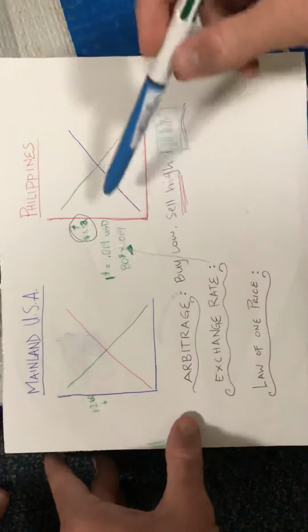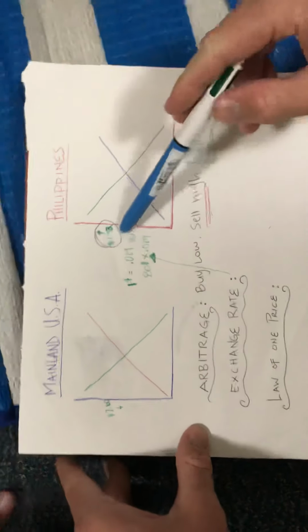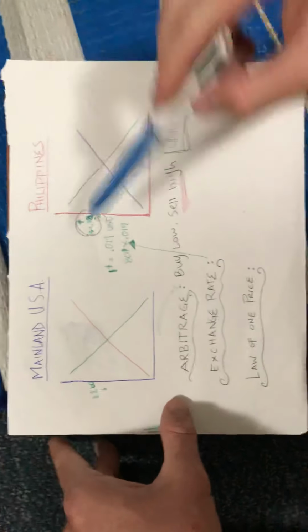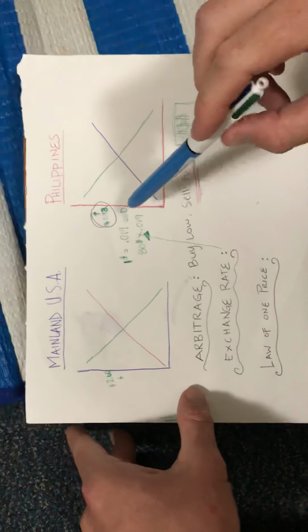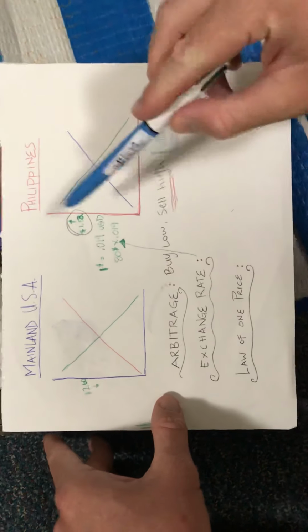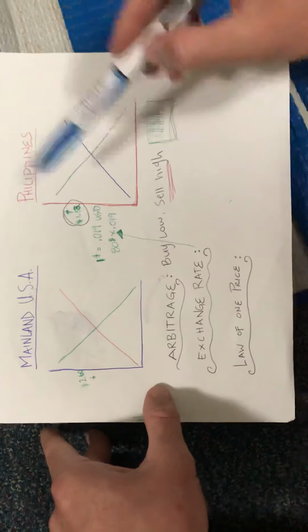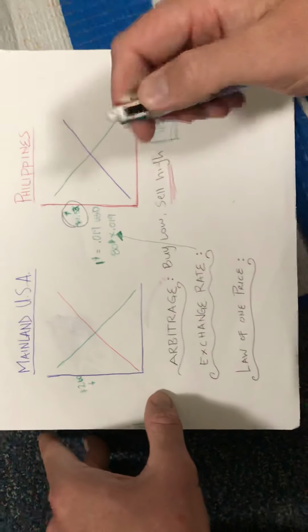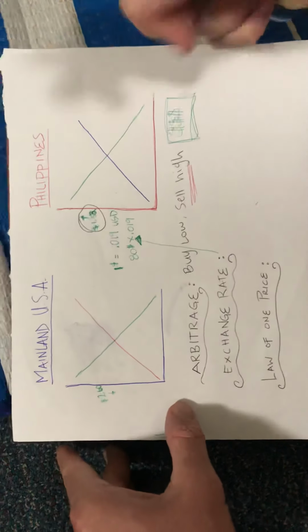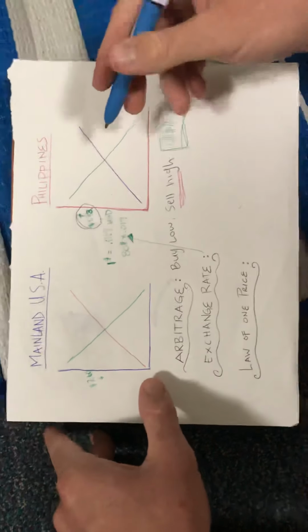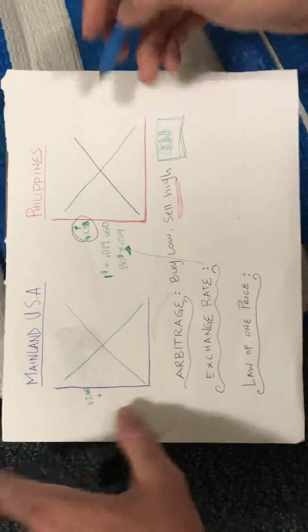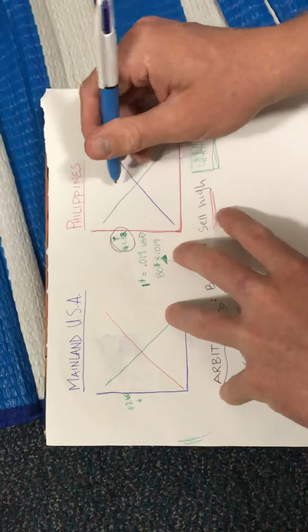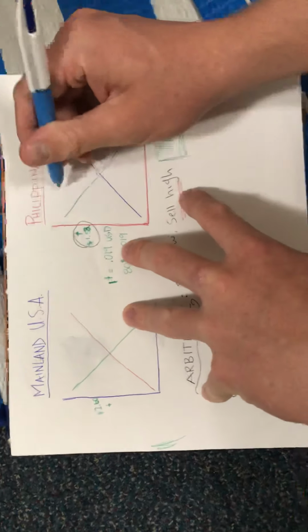So an arbitrager, what he would do is he would look at the exchange rates throughout the different countries, see what their currencies are, and he'd buy low, for instance, buy in the Philippines and sell high, sell in the USA. So as he buys in the Philippines, the demand curve will go up.